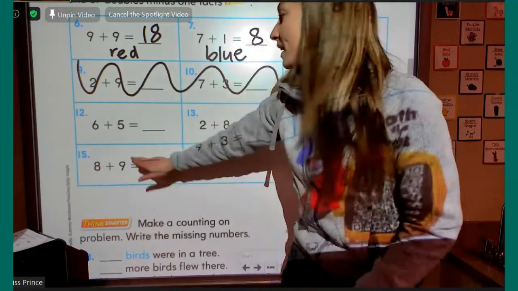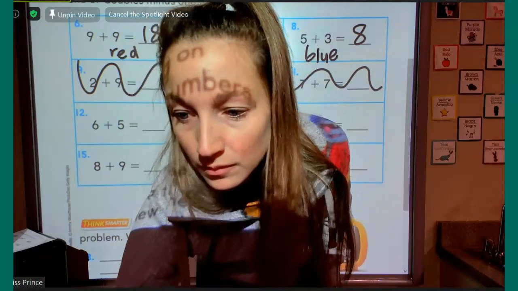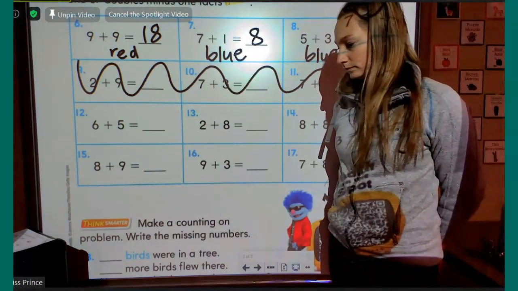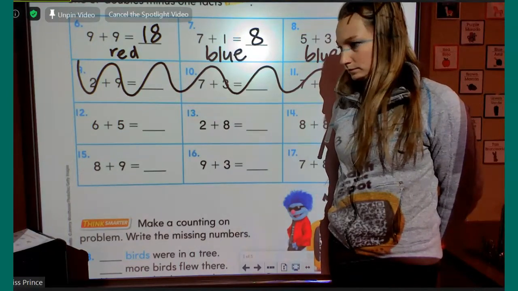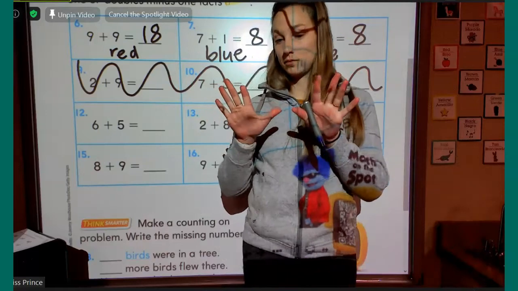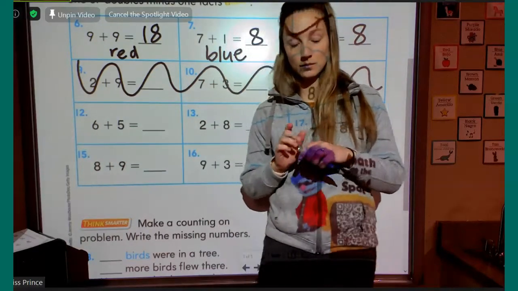Liam, can I have you do 6 plus 5? 10. So 5 plus 5 would be 10. That's a double. One of the numbers is 6 though, so what are we going to do?